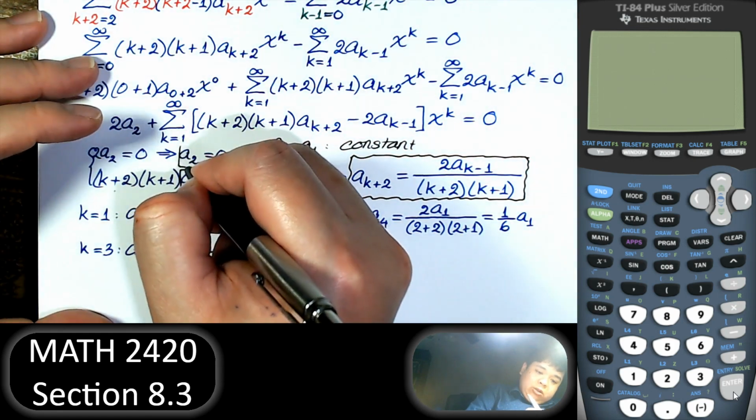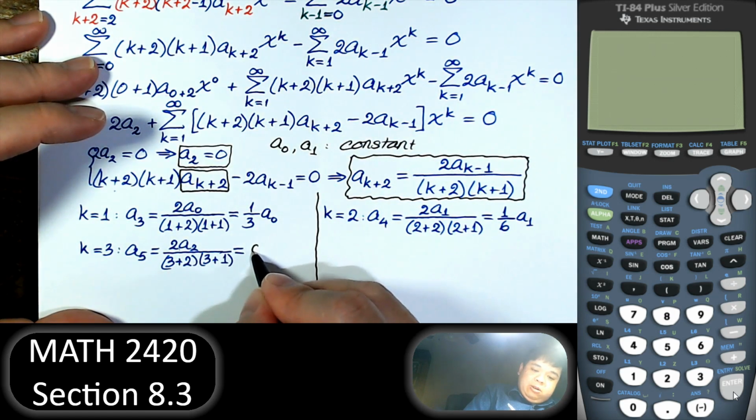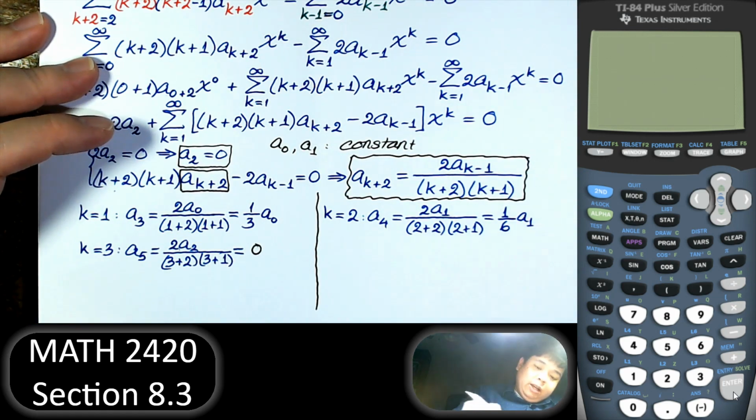Remember, a2 is equal to 0, right? So that is 0. Keep going.